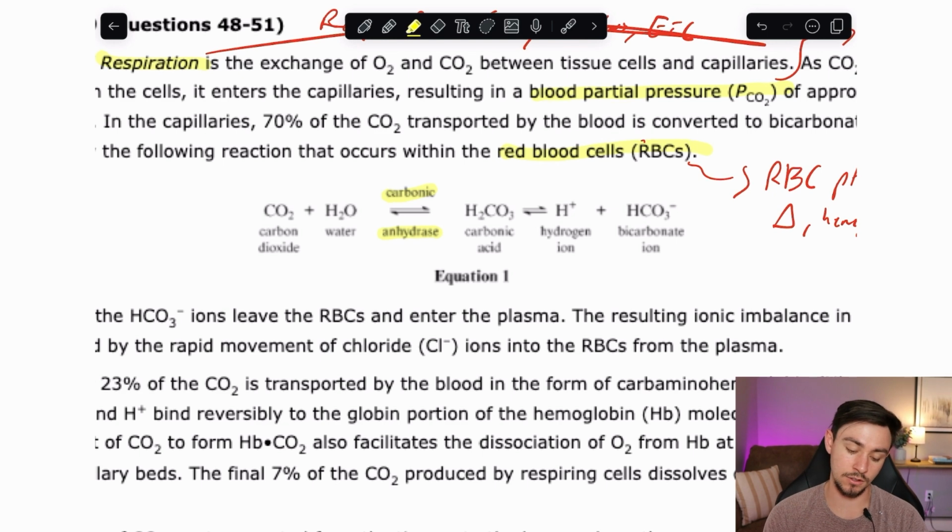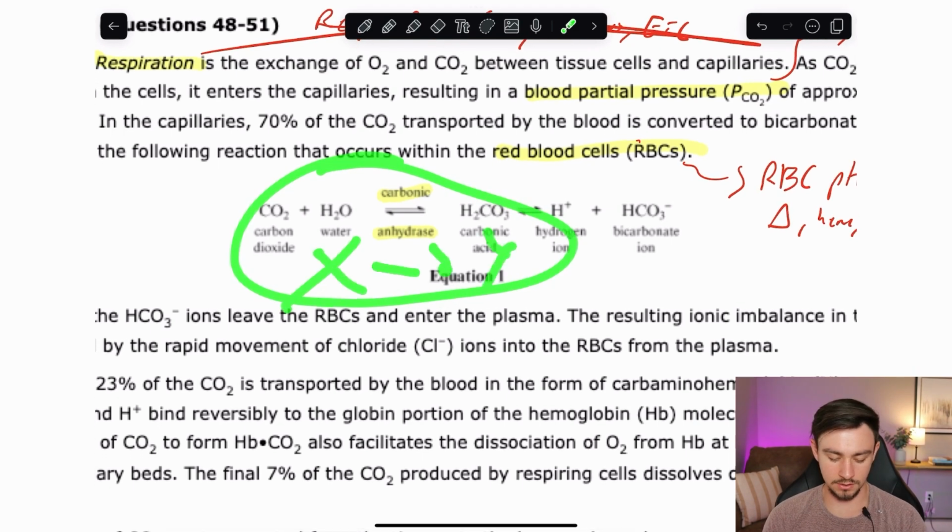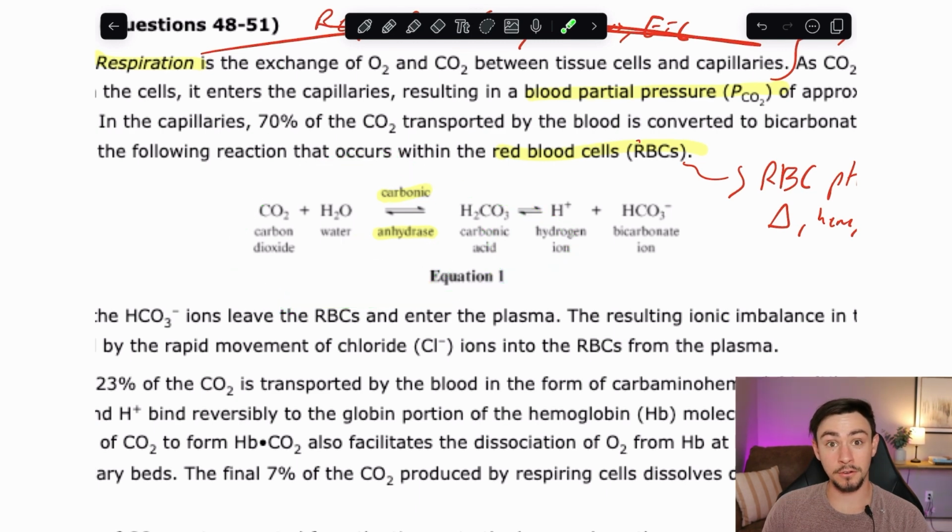And it's also telling you whether or not the reaction is reversible by giving you the double-sided arrows, right? That means reversible. So these are both reversible, and carbonic anhydrase is the enzyme that allows X to go to Y. That should be hitting some neurons about, well, why do I need an enzyme?